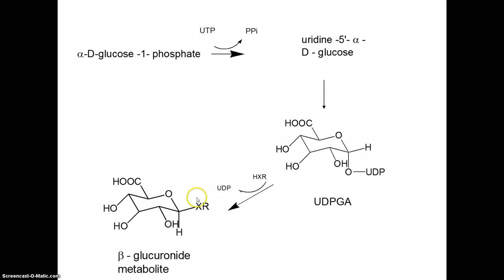And our substance right here would be our parent drug compound. Now, the purpose of this conjugation reaction, as you might guess, is to add this very polar substituent to make the molecule more likely to be eliminated in the urine by the kidney.